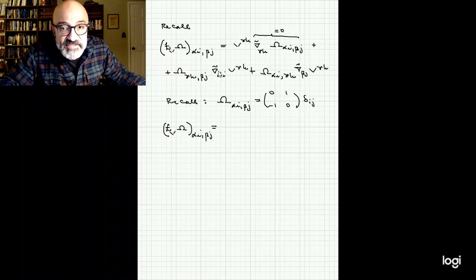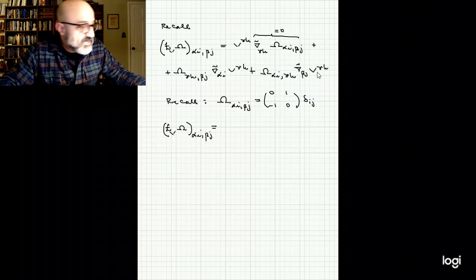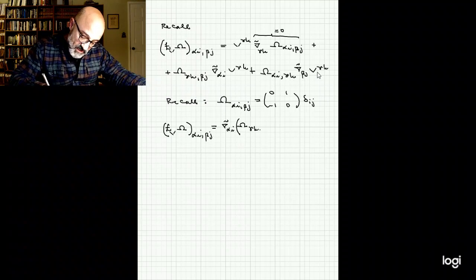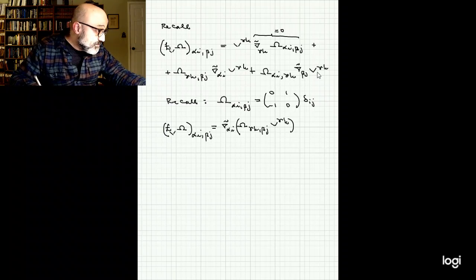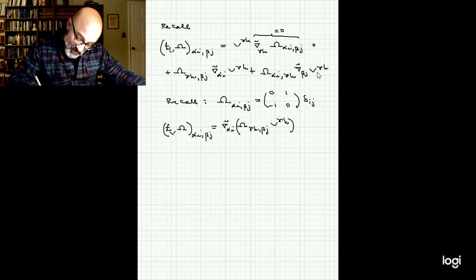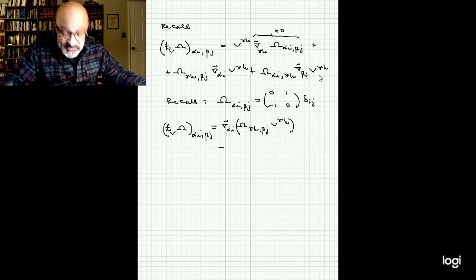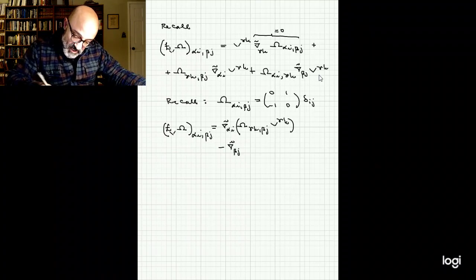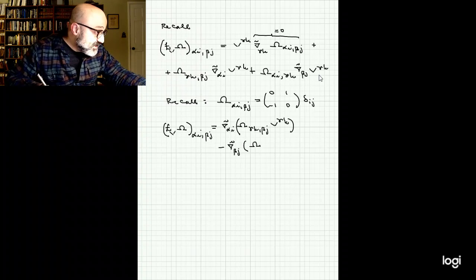Good. But because these are constant, I can bring the omega inside the derivative, and the result is alpha i omega gamma k beta j, gradient of v gamma k, plus, or I'm going to put this as a minus here, minus, that derivative beta j, I'm going to bring it inside.